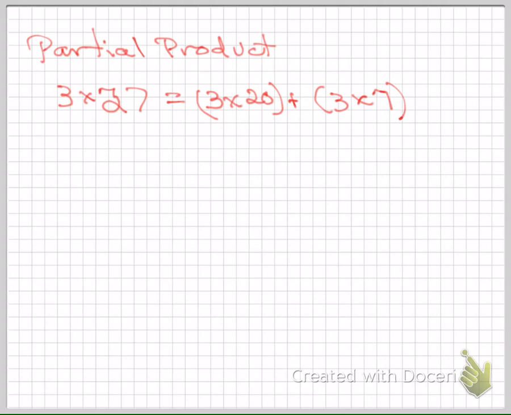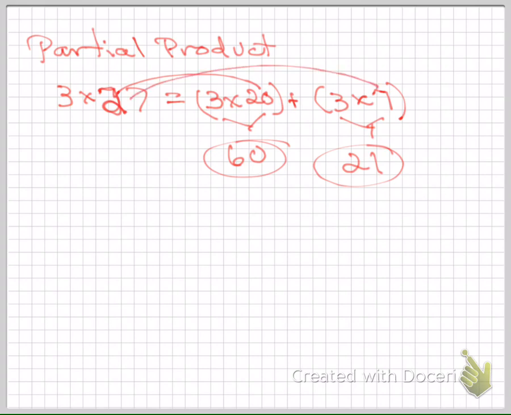The answers we get from 3 times 20 and 3 times 7, these are our partial products. They're partial because here's the whole number completed, but this 20 is only part of the 27. The 7 is only part of the 27. That's why we call them partial products.